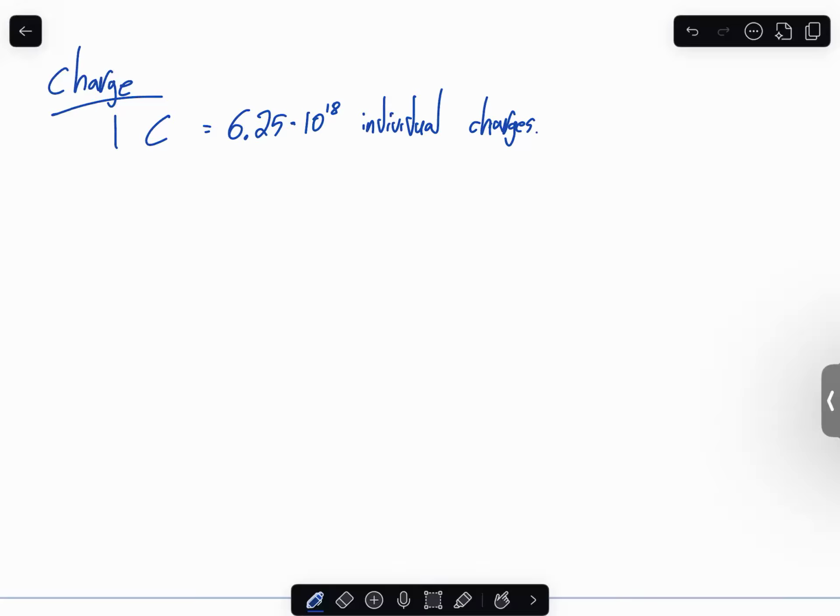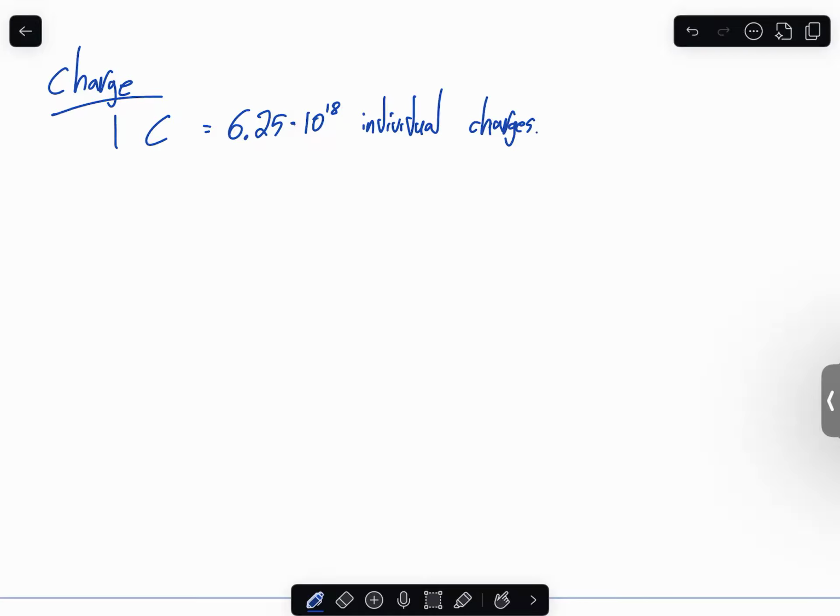Google Form A, let me riddle me this, Batman. If I say that 1 coulomb is 6.25 times 10 to the 18 individual charges, can you tell me with advanced mathematics how many coulombs each individual charge has? Ready, set, go.